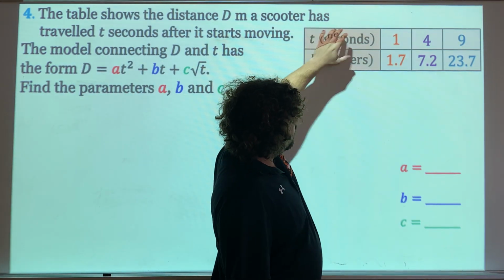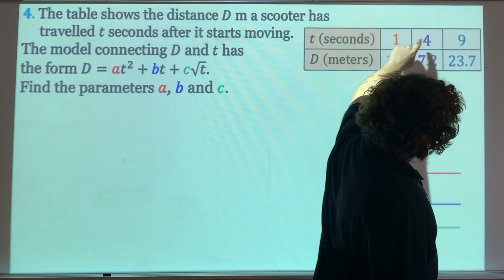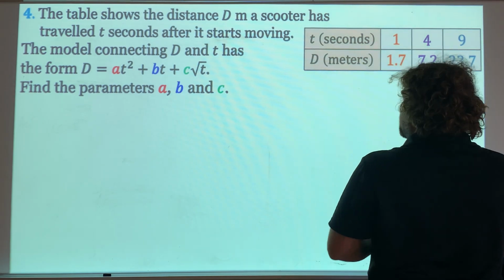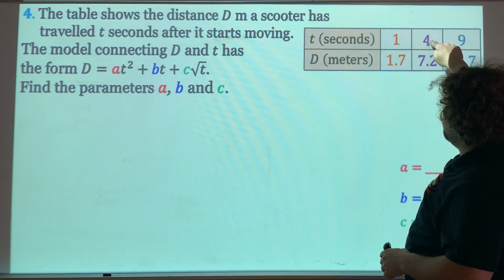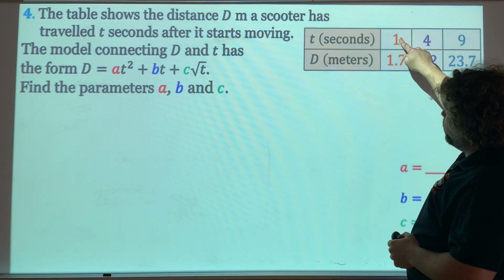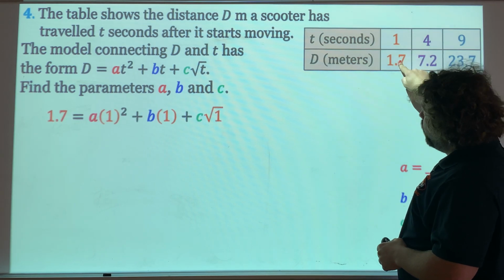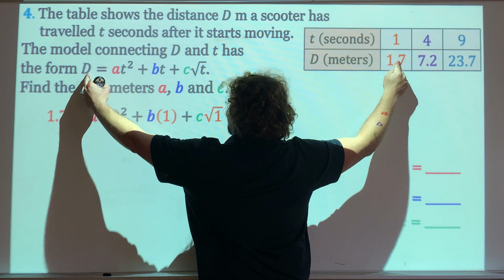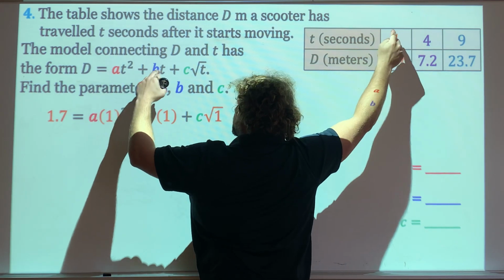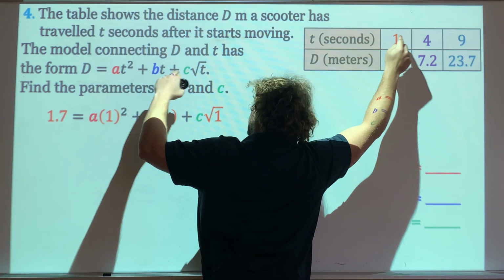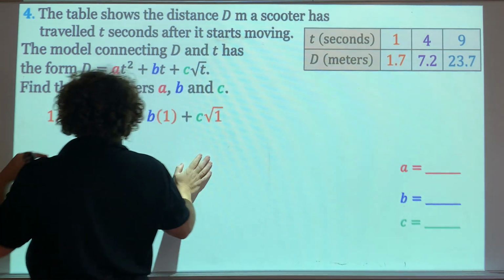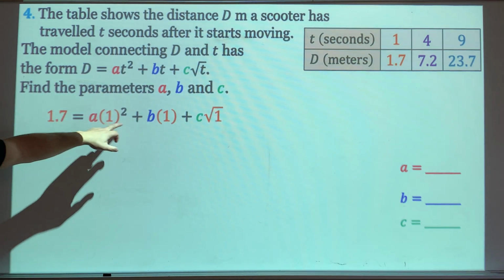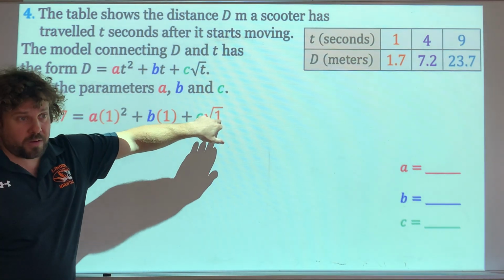X, y, x, y, x, y, when you plug it in. So you're pretty much plugging in t, d, t, d, t, d. So the first one, 1.7, you're plugging in. 1.7, your d, equals A times 1 squared plus B times 1, plus C times the square root of 1. 1 squared is 1, and the square root of 1 is 1.